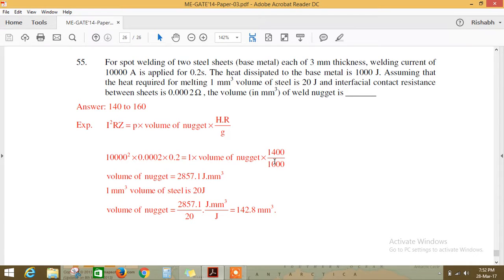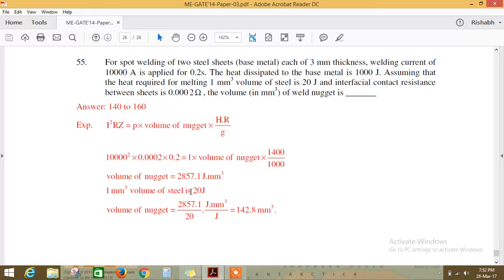Let me see, just a second. Okay, so the volume of the nugget comes to be this. Then the simple calculation is there, nothing else.